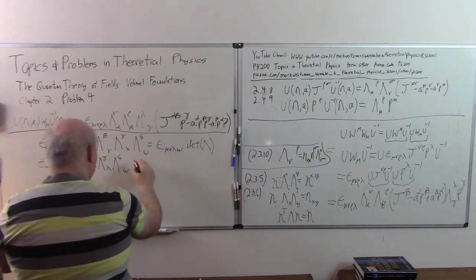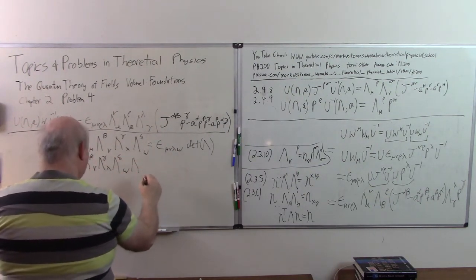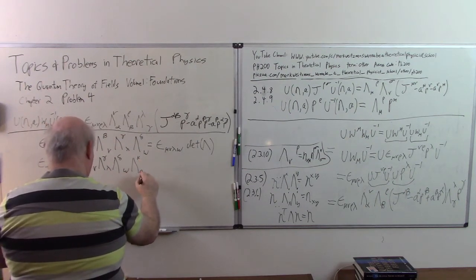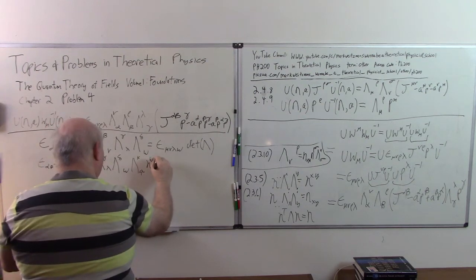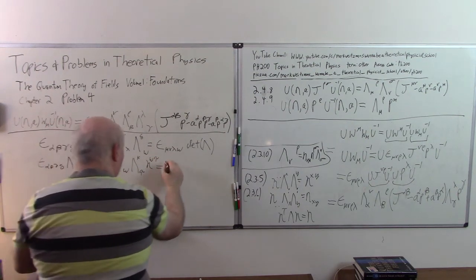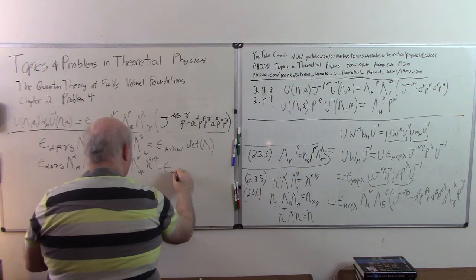And then I'm going to multiply that by lambda kappa tau eta omega tau. And I'm going to do the same thing on this side.